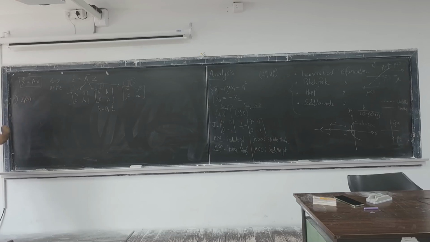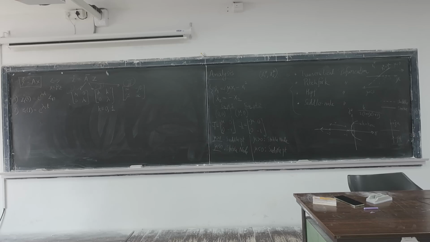z1(t) will be e to the power lambda 1 t z10. Any mistake? Okay. So z1, and then z2(t). Any mistake?